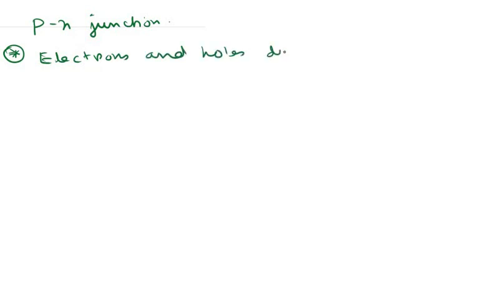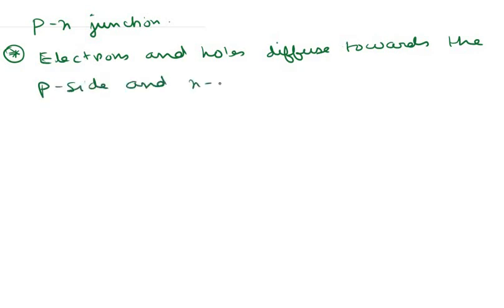So let me repeat what I have just said in short. Whenever a p-type and an n-type material are brought in contact with each other, the first thing that happens is electrons and holes diffuse towards the p side and n side respectively.